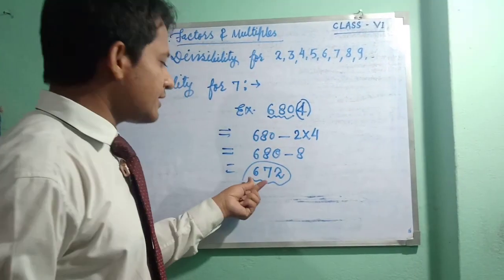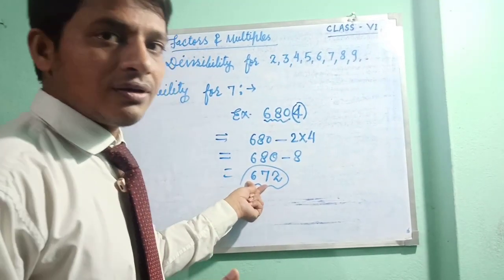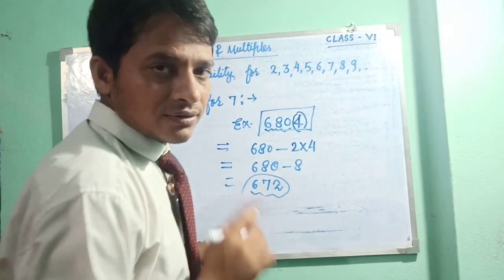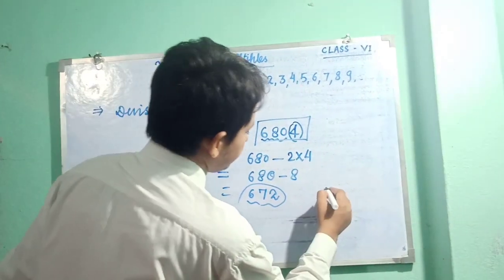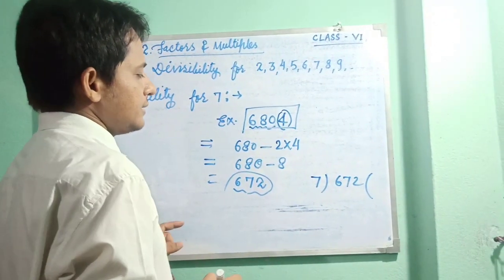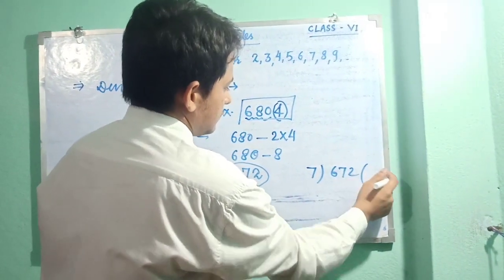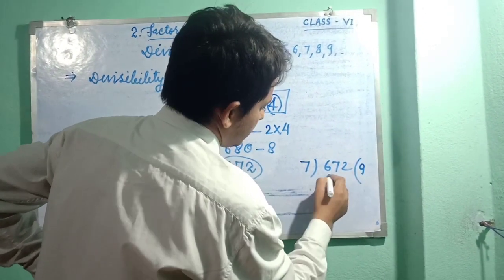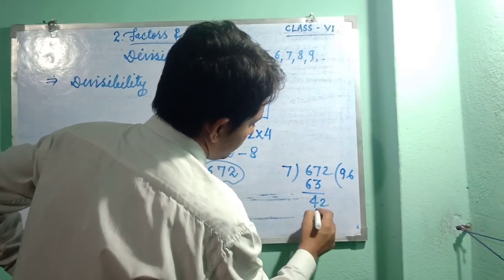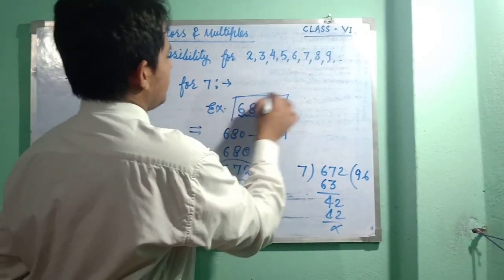If it is a multiple of 7 or 0, then the whole number will be divisible by 7. If you check, 7 times 96 is 672. Yes, this number is divisible by 7, so the given number is also divisible by 7.